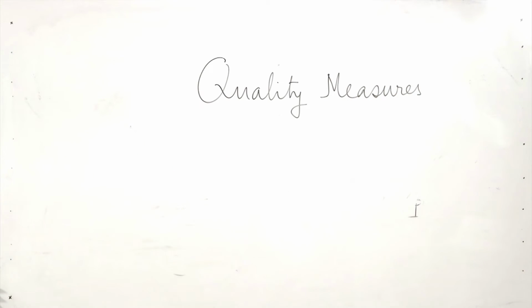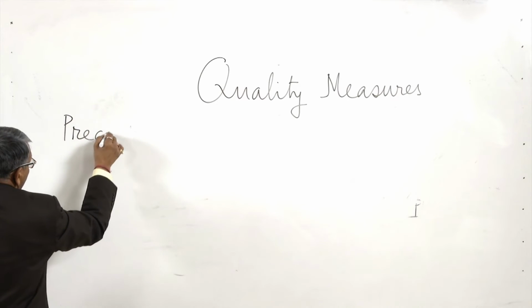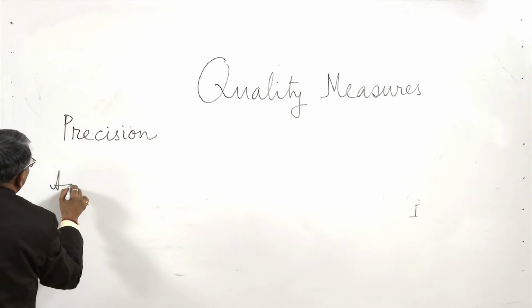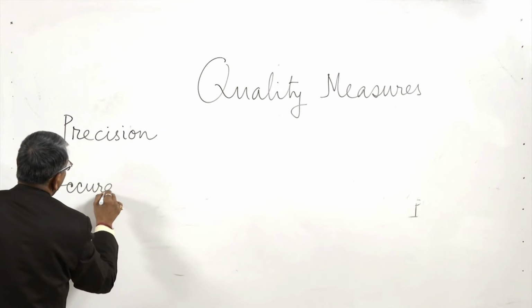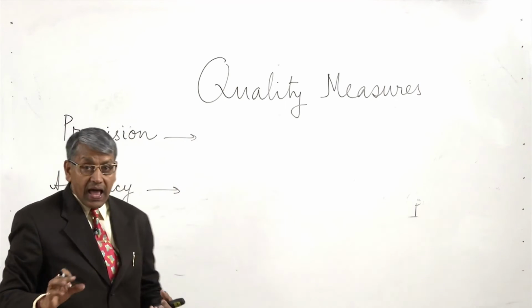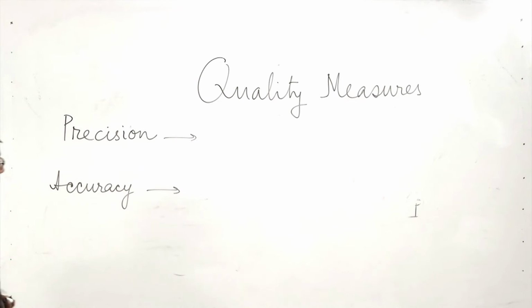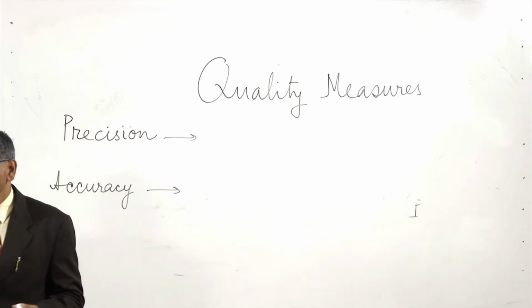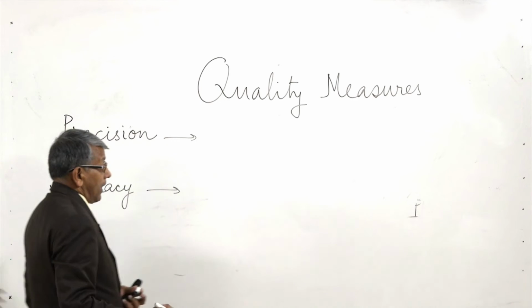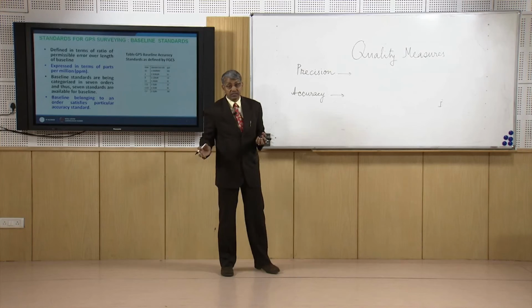Precision and accuracy are the two measures used to measure the quality of a position or baseline. Now, what is precision? How do you relate this precision measurement with the standards?